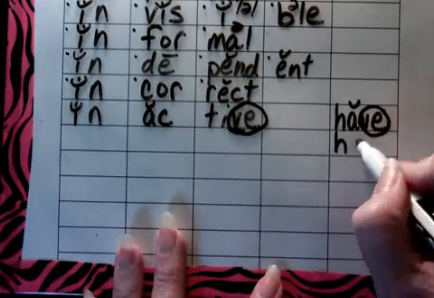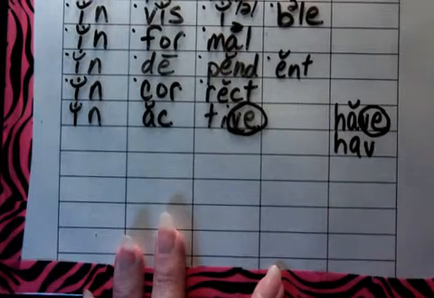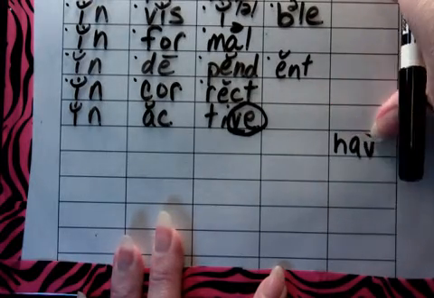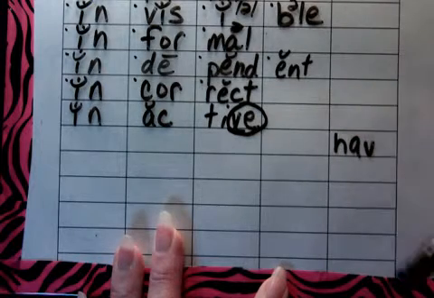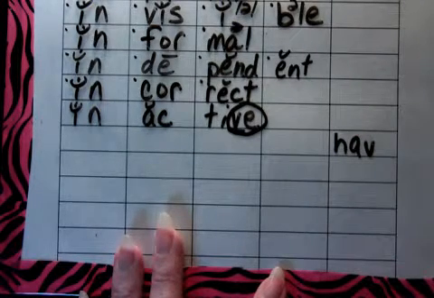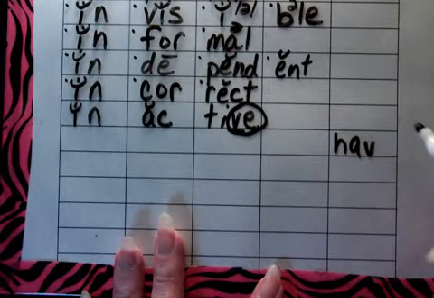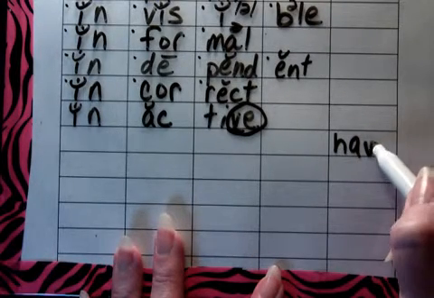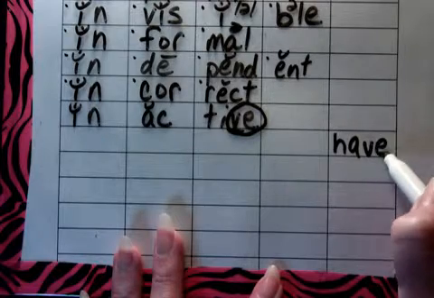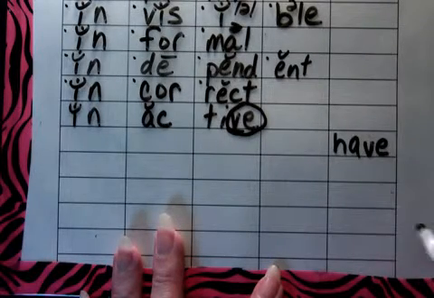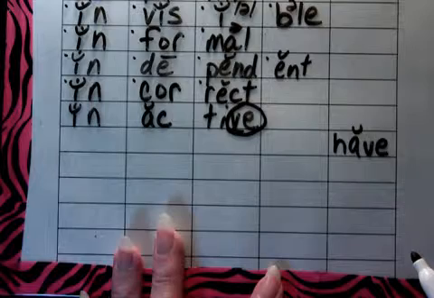If the V did not have the problem it has about being scared about being at the end of the word, this is how we would spell the word have. But because in the English language there are no words that end in a V, we have to have an E at the end that says ah.